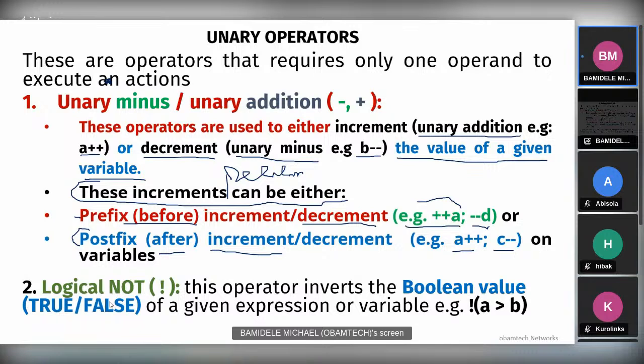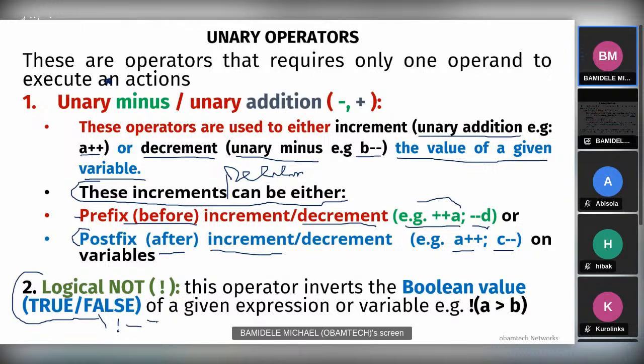If the present value is true, when you apply logical not, the value will become false. And if the current value is false, when you apply logical not on that variable, the result becomes true.